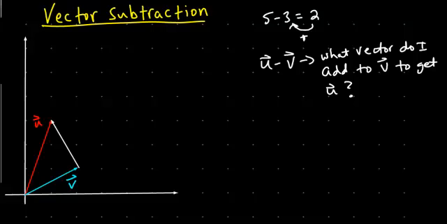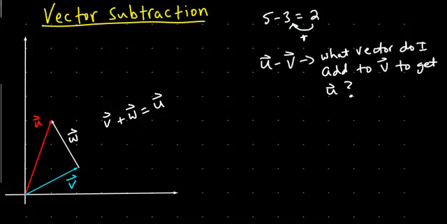v plus w equals u. That's where we end up. If we do the vector v and we do the vector w, we end up on this vector here, u. Okay?